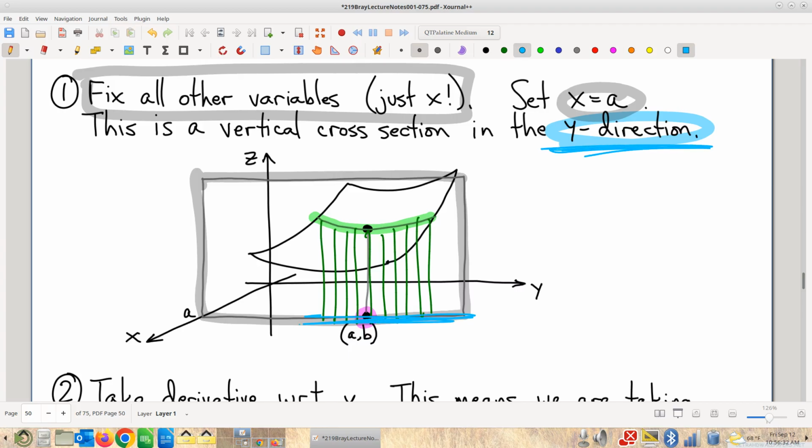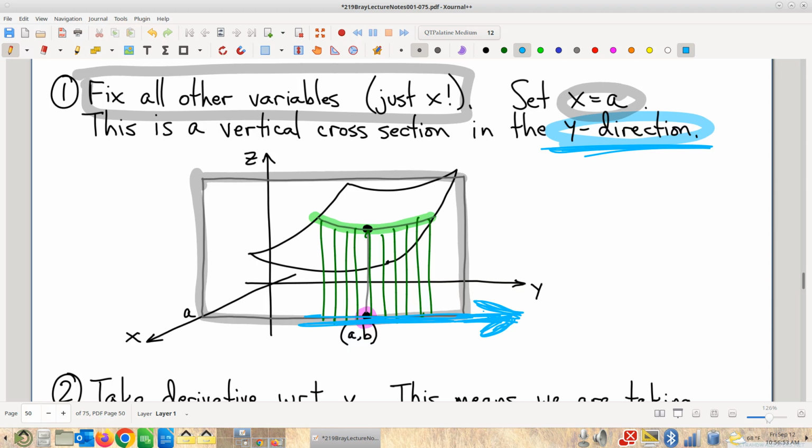In other words, as I move in the y direction. My input variable is the horizontal direction. My outputs are vertical. This is a graph of my new single variable function. This cross-section is literally the graph of the resulting single variable function.